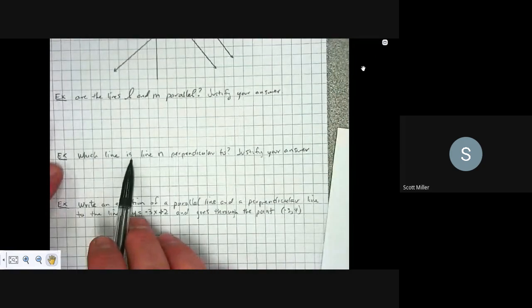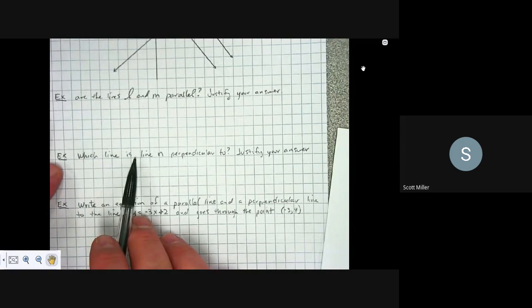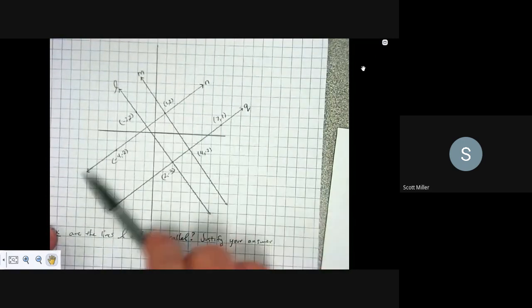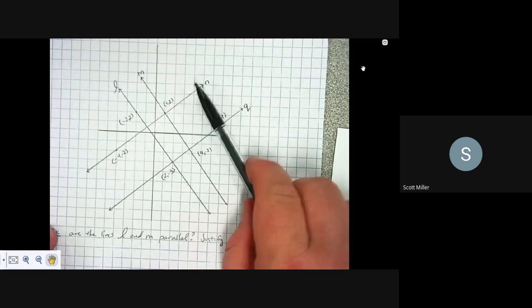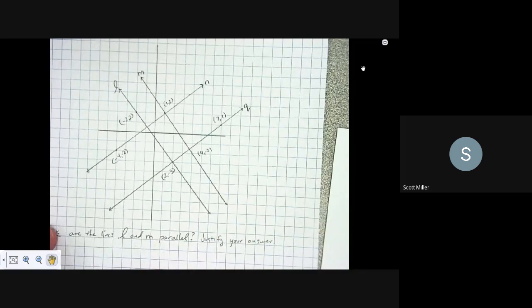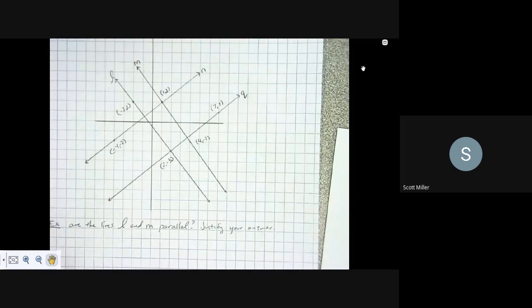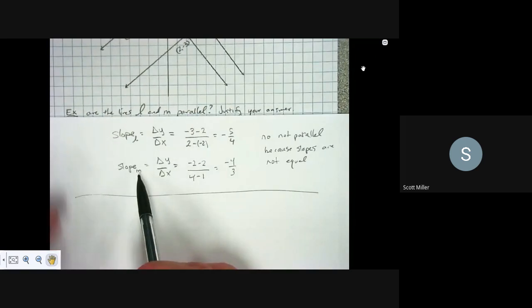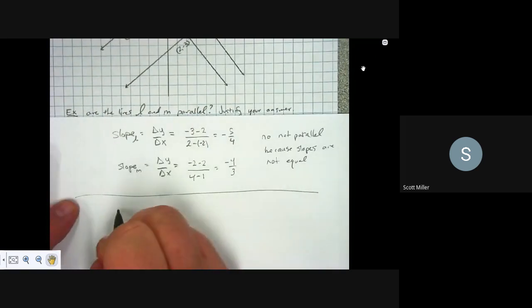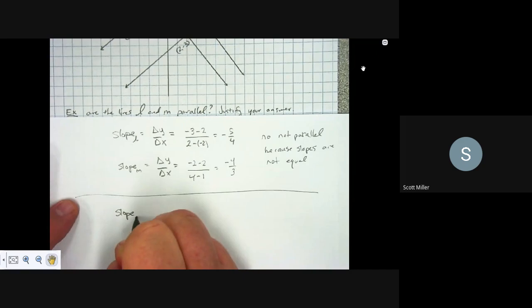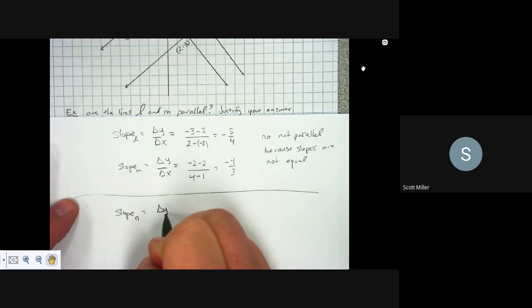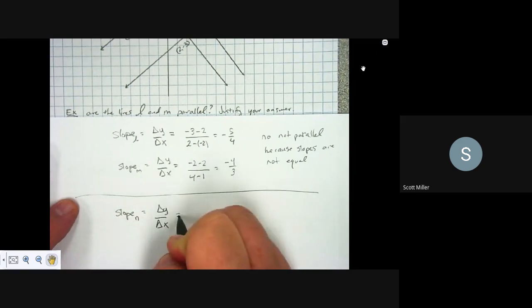Which line is line N perpendicular to? Here's line N. Is it perpendicular to a line? Well, the only options I would have for being perpendicular would be either line M or line L. Since I found the slope of line L and M, all I have to do now is find the slope of line N. What's the change in y over the change in x for that one?